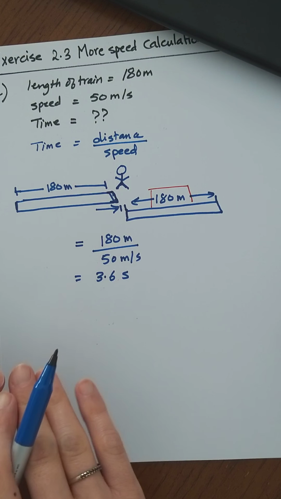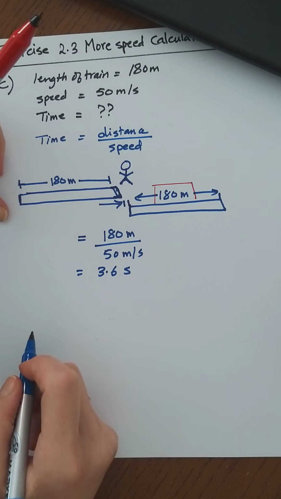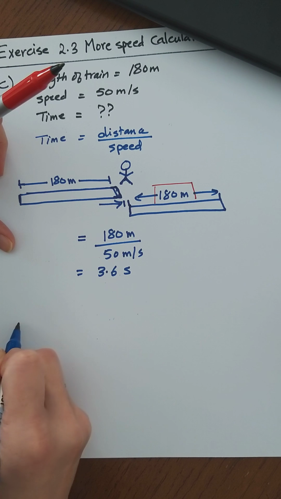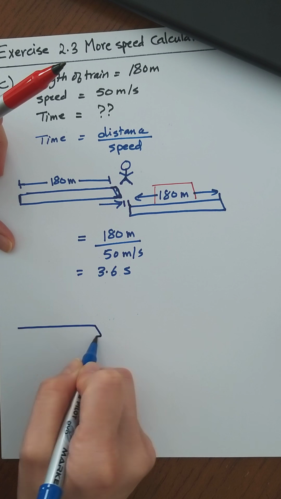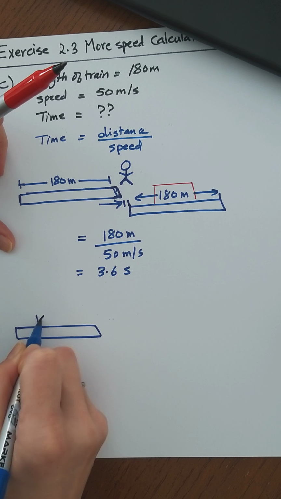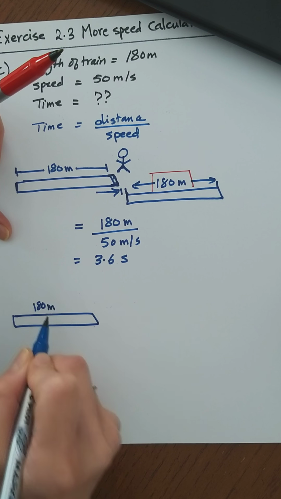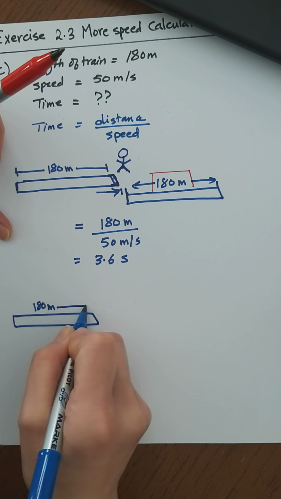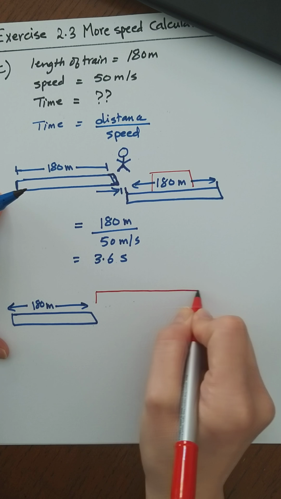Let's draw this other situation. Now this is the same train. I hope my drawing is clear. The same train. It's 180 meters long. This train now needs to pass a platform.